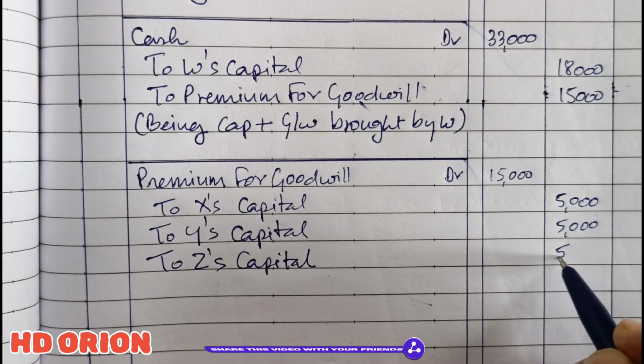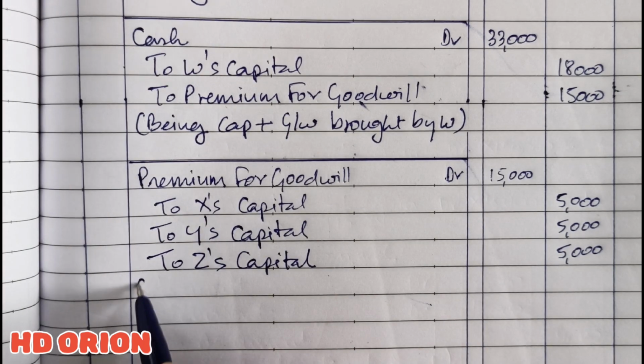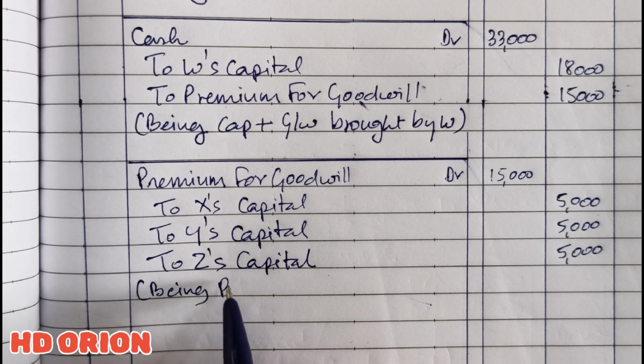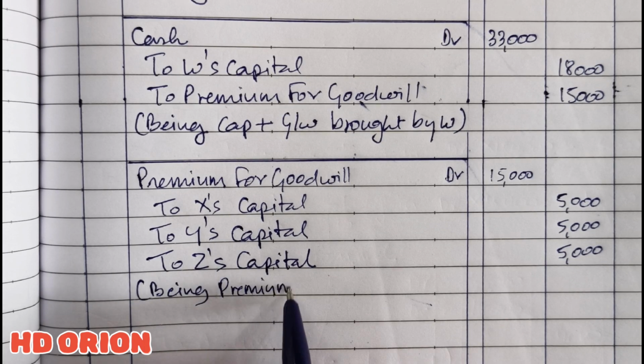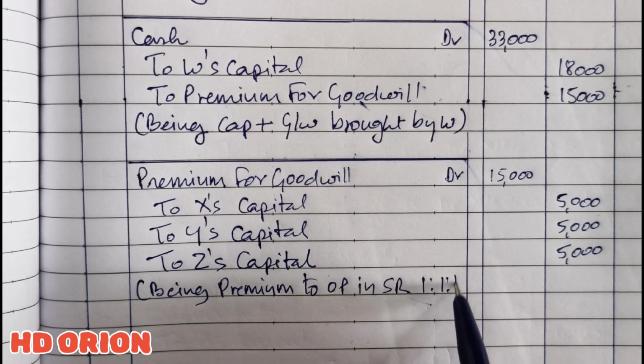Their old ratio is 1:1:1, and after joining of new partner W, the ratio is still 1:1:1. So there is no change in the profit sharing ratio as it was before, so it is now. So their sacrificing ratio is same. Being premium to old partners in sacrificing ratio, which is 1:1:1.